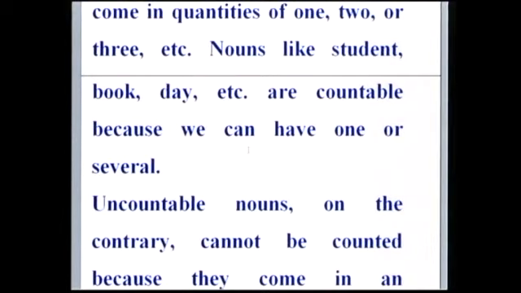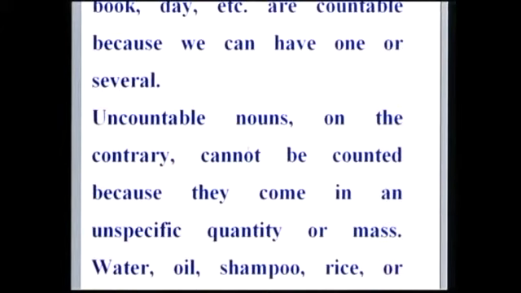Uncountable nouns, on the contrary, على العكس, cannot be counted. ما نقدرش نعدهم because they come in an unspecific quantity or mass. لأن دول بيبقوا موجودين in an unspecific quantity بكمية غير محددة or mass أو كتلة غير محددة.